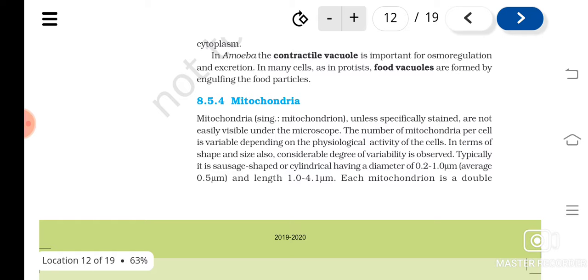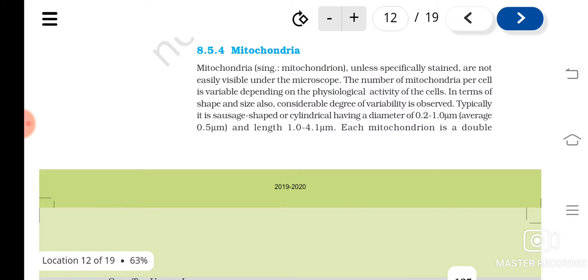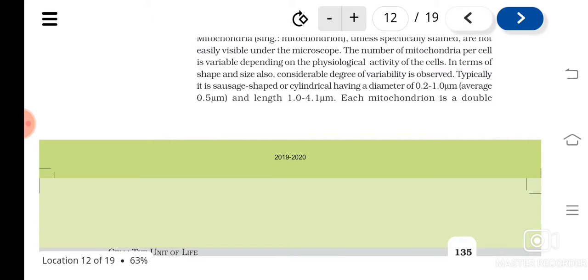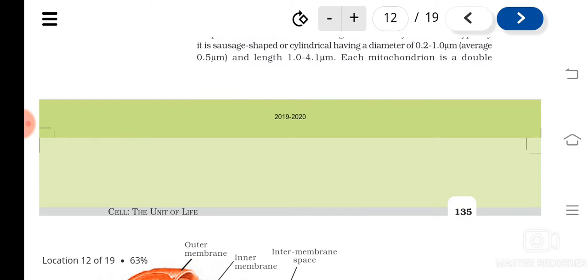The size and shape can also vary. Generally, it is a sausage-shaped or cylindrical organelle, having 0.2 to 1 μm diameter and 1.0 to 4.1 μm length. So this is the size of them.